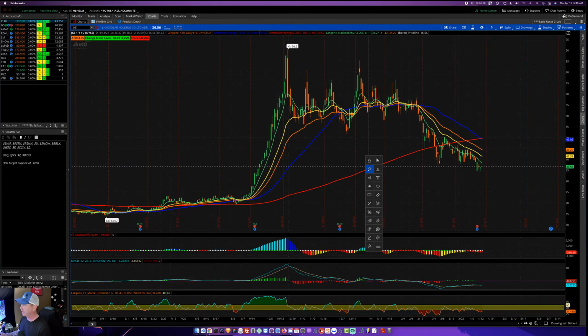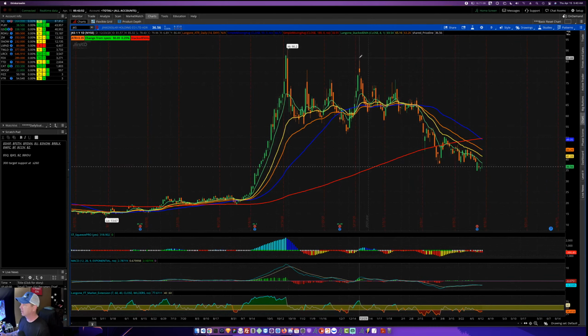From a technical standpoint, we are underneath our moving averages. Typically this will indicate pressure downwards. However, with the algo buying, that will combat that pressure. What I'd like to see happen is, it looks as if we found support at the 34.50-ish level.